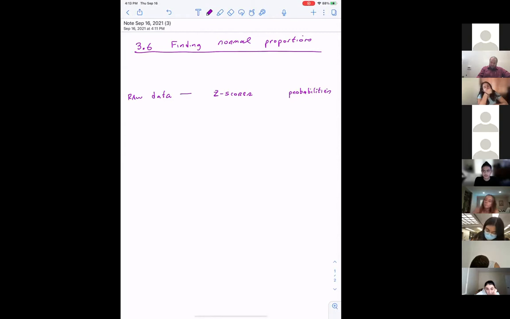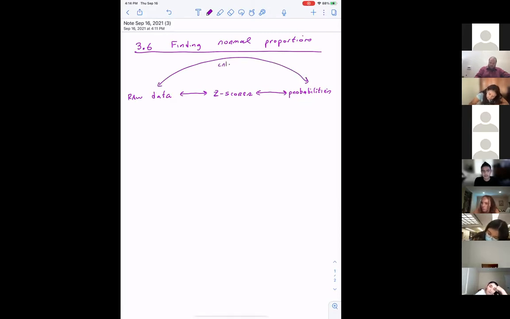Historically, in order to get to your probabilities from the raw data, you have to go through z-scores. Now with technology, both your calculator and your computer, various technological programs and whatnot, you can go directly from raw data to probabilities.